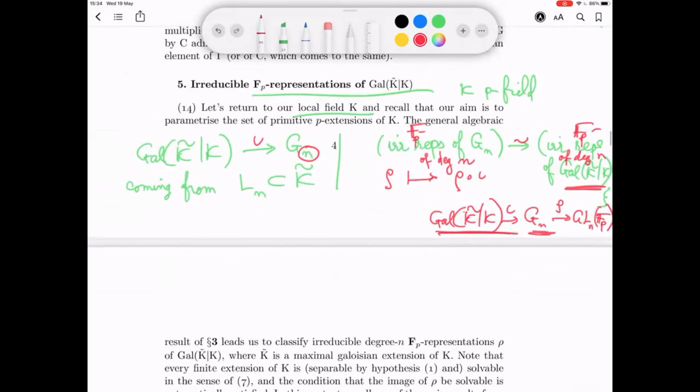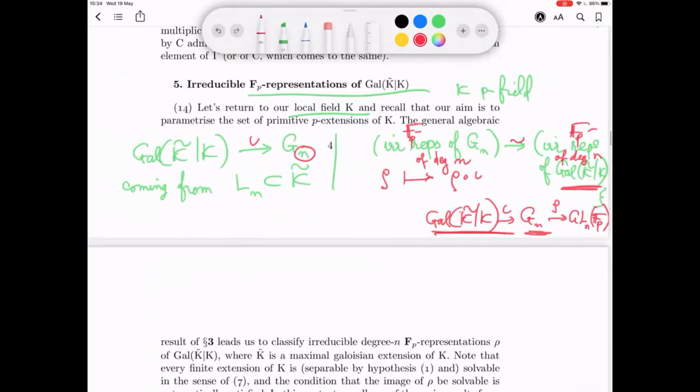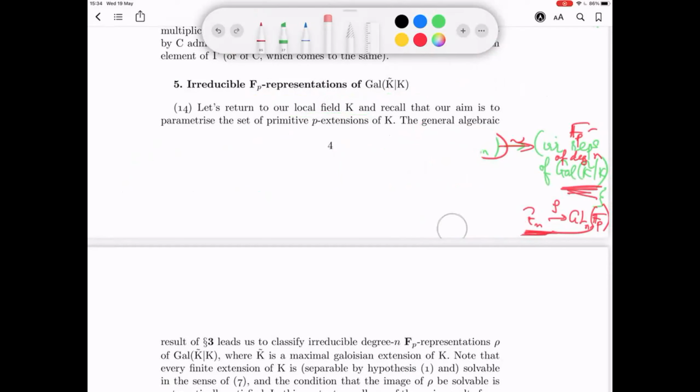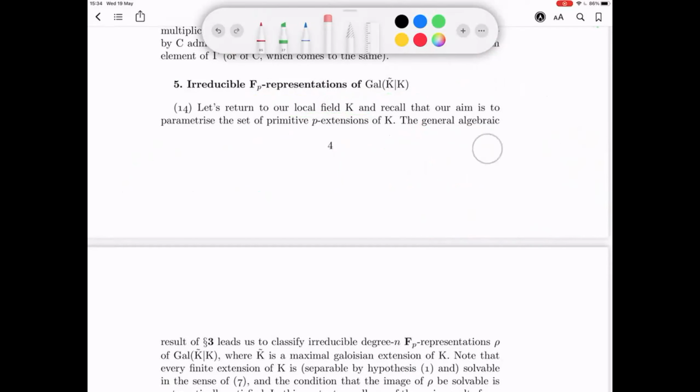That is what is meant by saying that every irreducible representation of the absolute Galois group factors through this quotient Gn. It means that this natural map, which I've just explained, it's just the composition with iota, is a bijection. Right? Yes, sir. So let me give you a simple example.